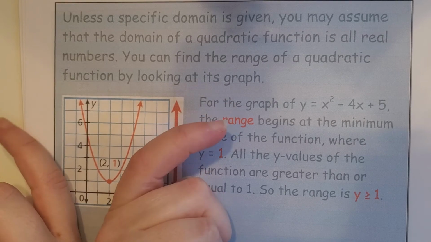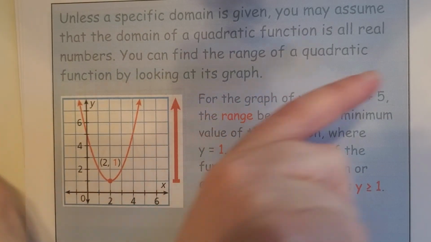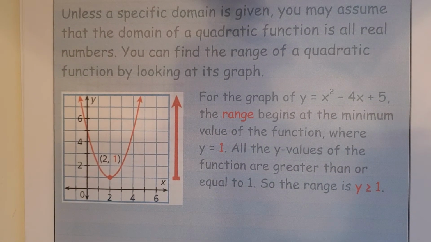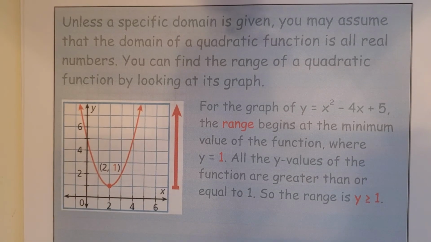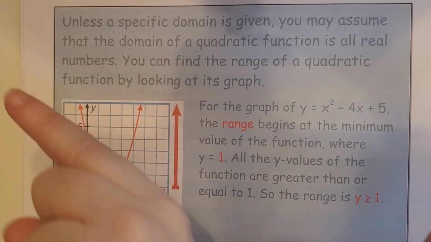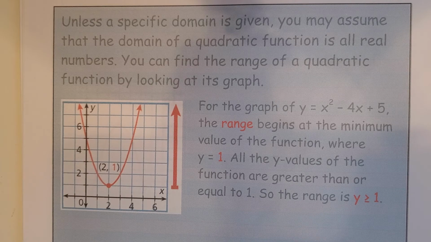So your quadratic function is not only going up forever, but it's also going out, left and right, in either direction forever. And that's going to happen pretty much every single time. So unless you're told otherwise, x can be anything you want. So the domain of a quadratic function, unless you're told otherwise, is always going to be all real numbers.